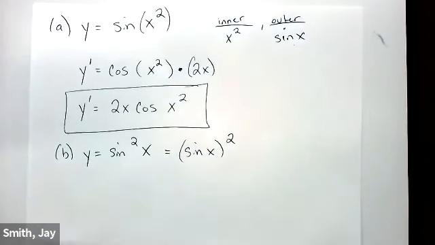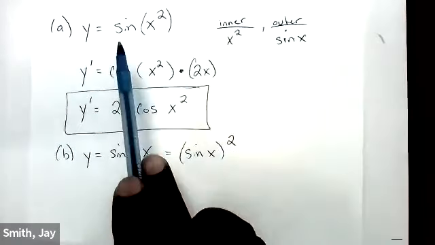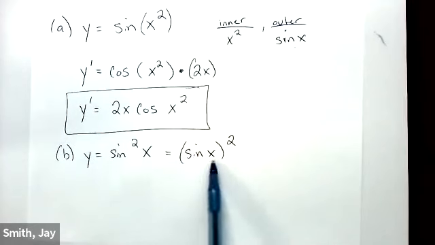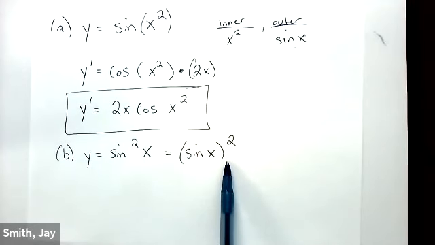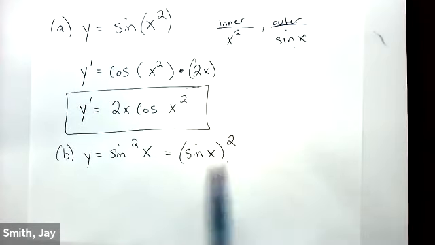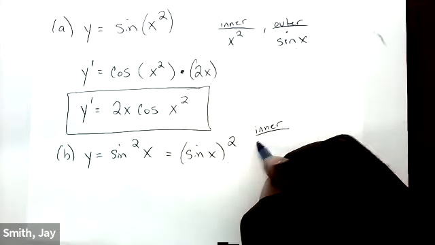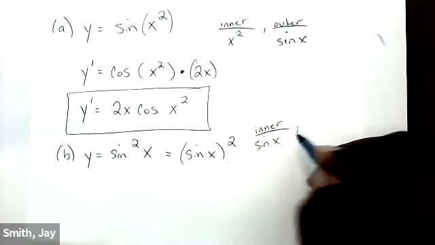Now, this is why people really start to get a little frustrated with these trigonometric functions, because the sine of x squared, part A, and the sine of x squared, part B, sounds exactly the same to the ear. But if we look at it, the inner and the outer functions are exactly the opposite. So here, my inner function, or what's inside my parentheses, would be sine x.